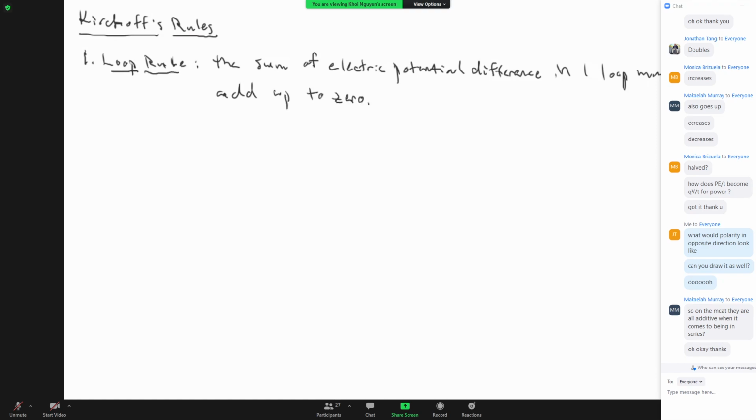And we're going to apply Kirchhoff's loop rule in a little bit. If you think about Kirchhoff's loop rule, it simply states that the sum of all the voltages as you go around in one loop must end up being equal to 0. And this is conservation of energy.